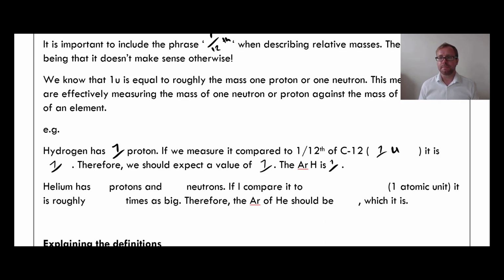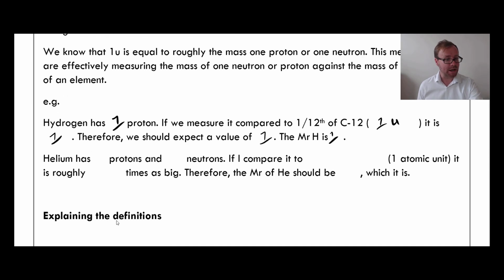I just noticed I made a mistake in my booklet here: the Mr of hydrogen is 1, and that's what we see on the periodic table. Another good example: helium has 2 protons and 2 neutrons.